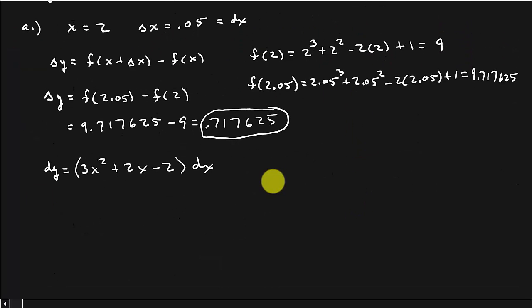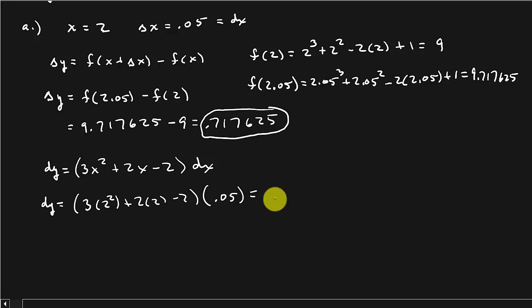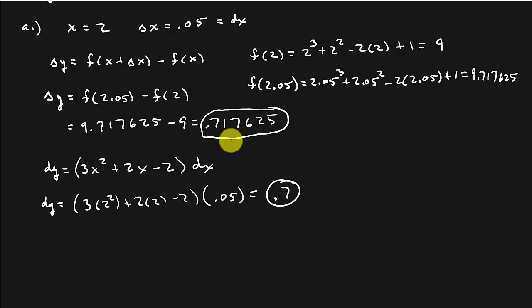And so I get dy is equal to 3 times 2 squared plus 2 times 2 minus 2, and then that's times 0.05. That gives us 0.7. All right, and there's your answer. So you can see it's not off by much. Keep in mind delta x is 0.05, so we're a little bit further away there.